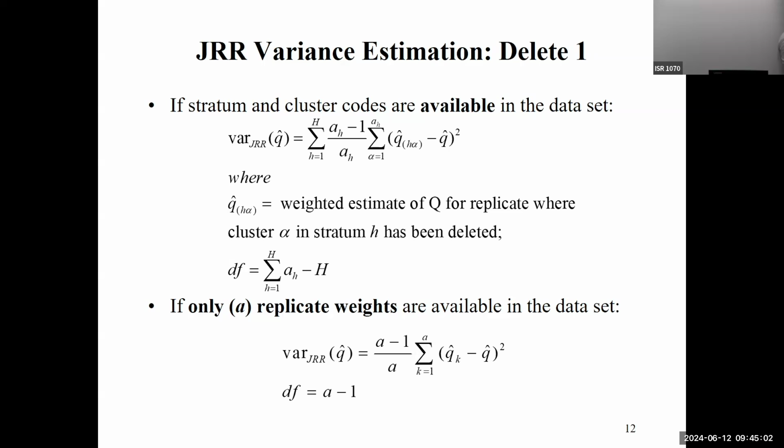So that's another piece of information that you'll see in the documentation that you should not be intimidated by. If the data producer says, here are the jackknife coefficients for all the observations in your data set, that's just referring to this piece here. If you're not given those coefficients, this is the variance estimation formula that you would use using each of the different replicate estimates.